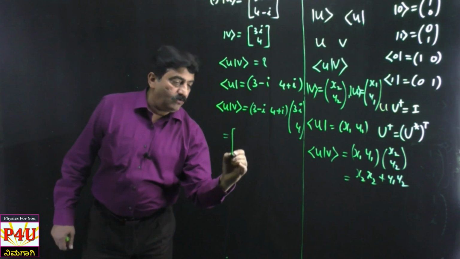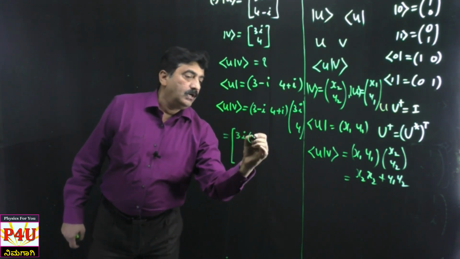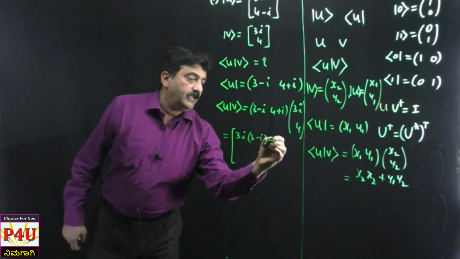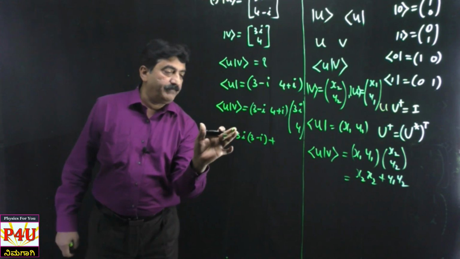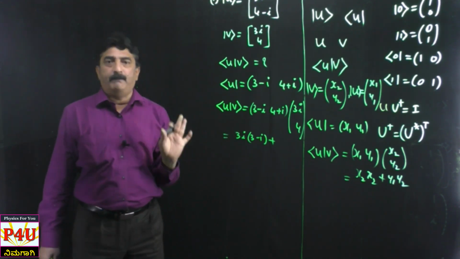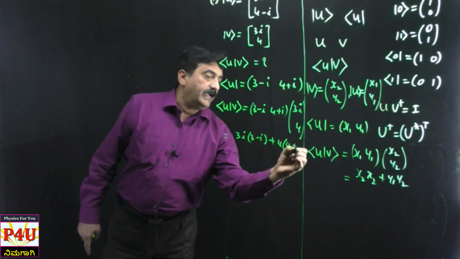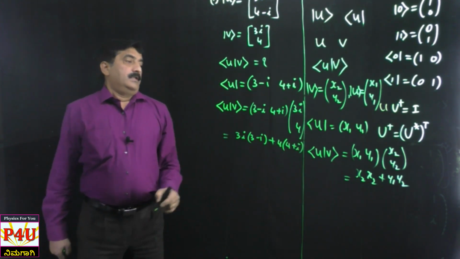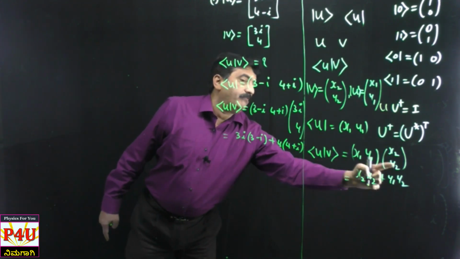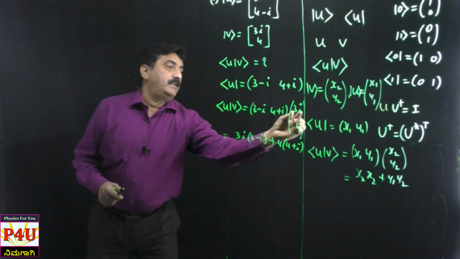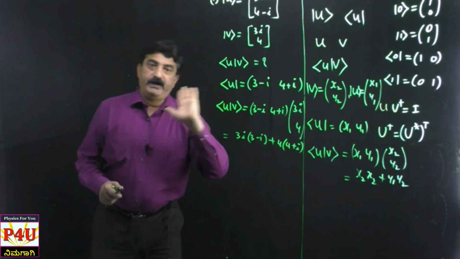I write it one more step: 3i into 3 minus i plus 4 into 4 plus i. So like the step x1 x2 plus y1 y2, similarly x1 x2 plus y1 y2, that's all.